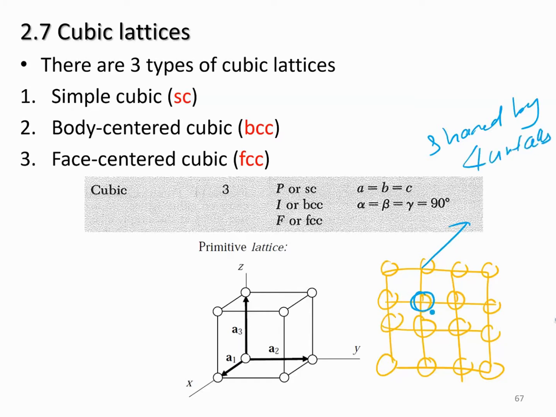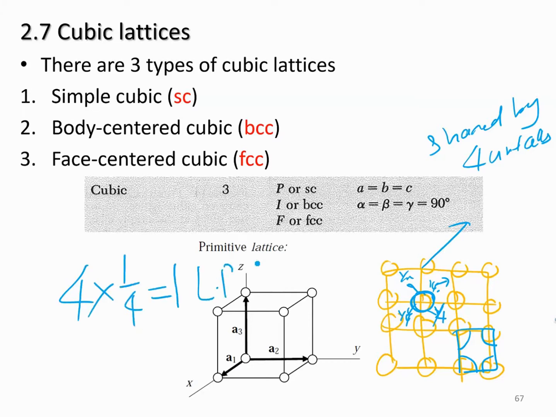So this atom contributes 1/4 to this unit cell, 1/4 to this unit cell, 1/4 to this unit cell, 1/4 to this unit cell. Get it? So for 1 unit cell, we have 1/4 plus 1/4 plus 1/4 plus 1/4. So 4 times 1/4 equals 1 lattice point for 2D.